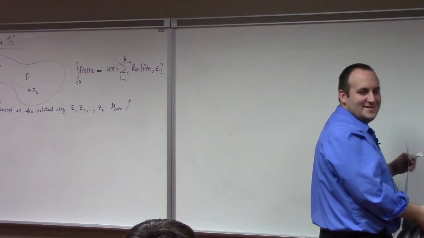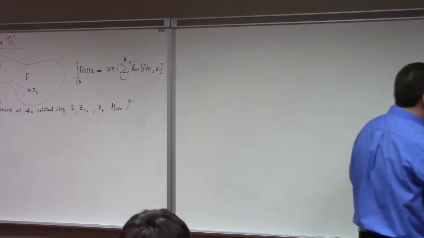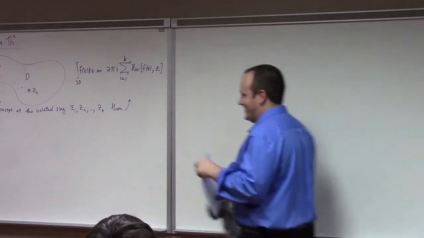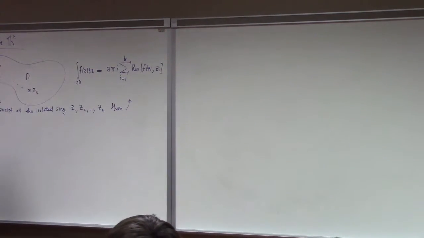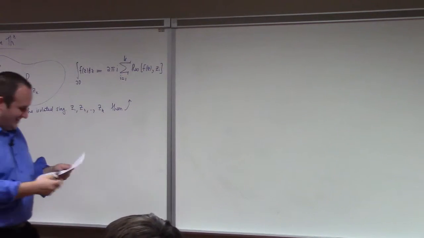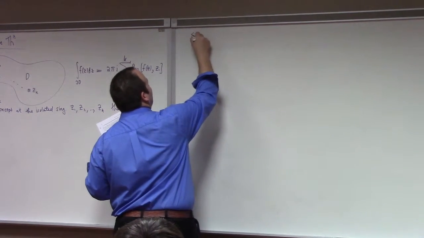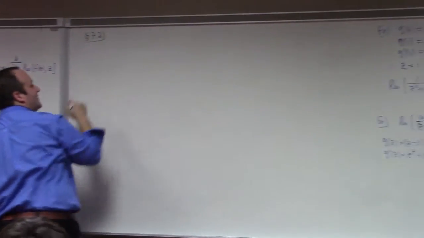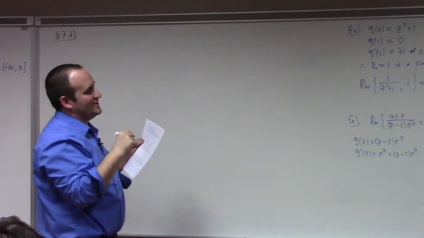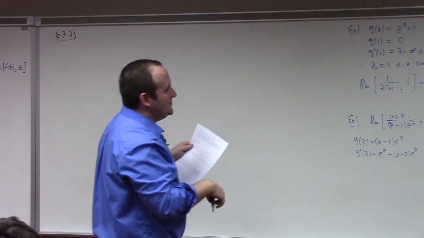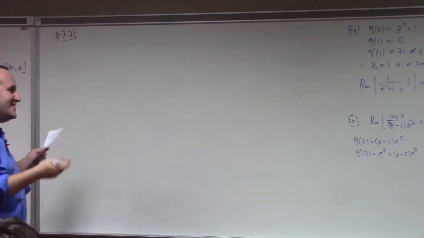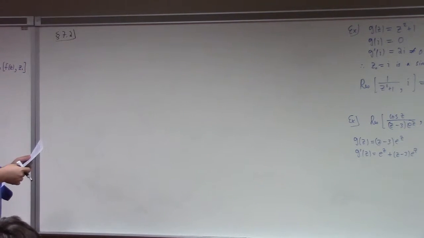That sounds like a really interesting test question. I like that. Section 7.2. What is the generalization of rule 2? Generalize rule 2 to poles of order n. Yeah, I like it.